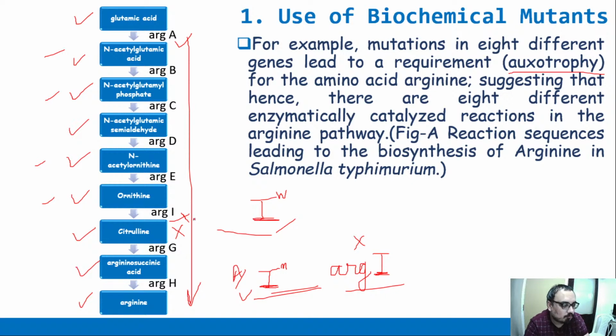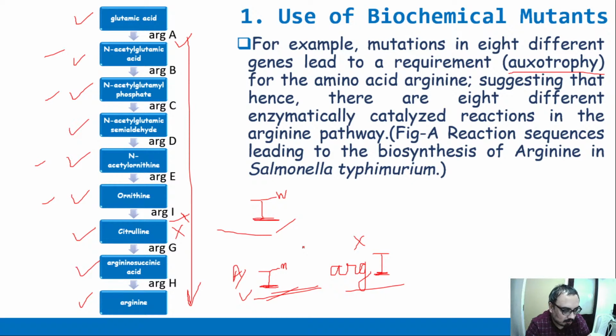Now we want to confirm whether ornithine is an intermediate or the last product. What will we do? We will form a new medium in which ornithine is present, and using the same bacteria, the mutant still will not be able to produce arginine.